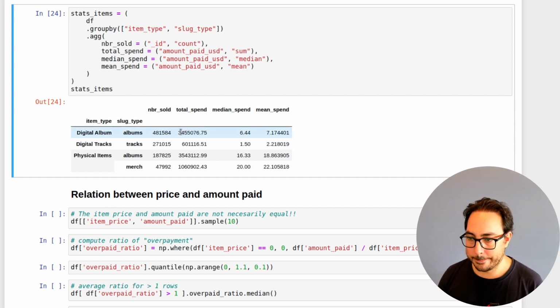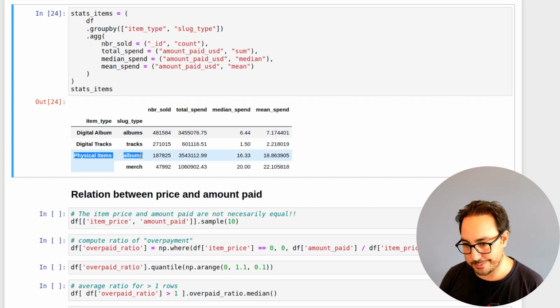We can see that the physical items have a higher median spend and a higher mean spend. So they also sold quite a bit in total. If you compare this value with this one, it's about the same. So they make a similar amount of money with digital albums and with physical albums.